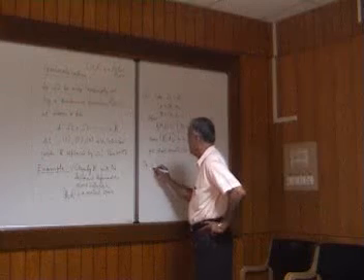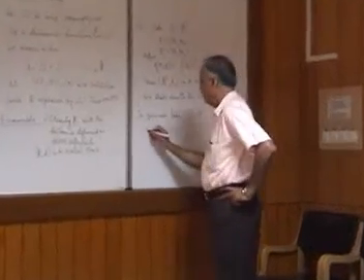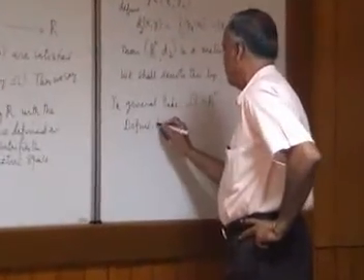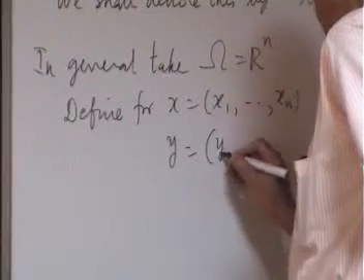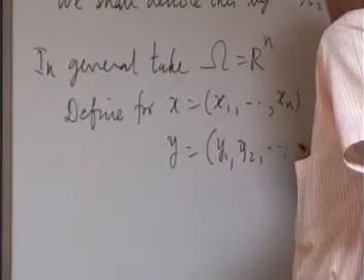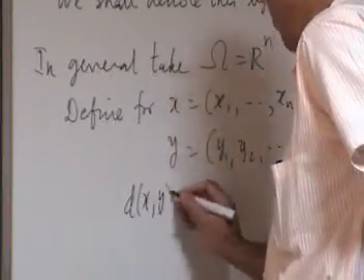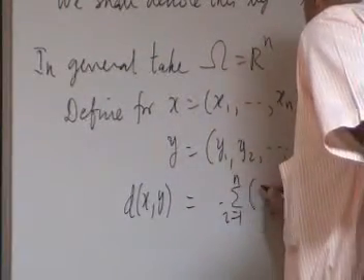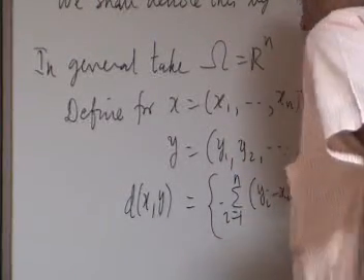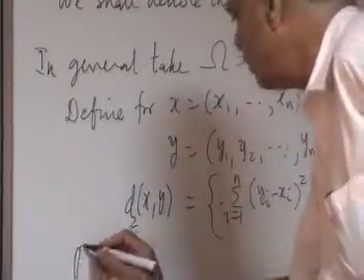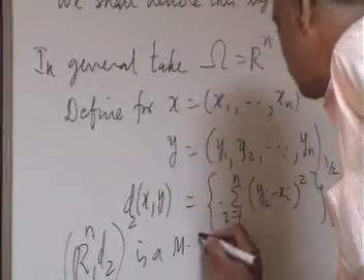In general, take omega to be Rn, define for x equal to x1, x2, ..., xn, y equal to y1, y2, ..., yn, d(x,y) to be the summation i equal to 1 to n of (yi minus xi) squared, to the power of half. Then Rn, d2 is a metric space.